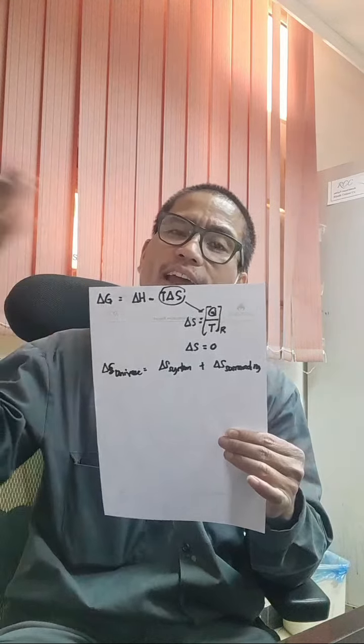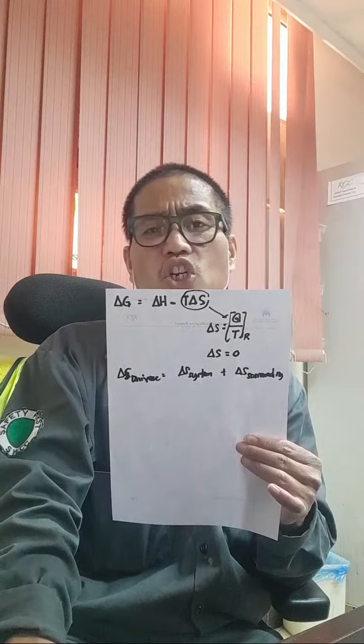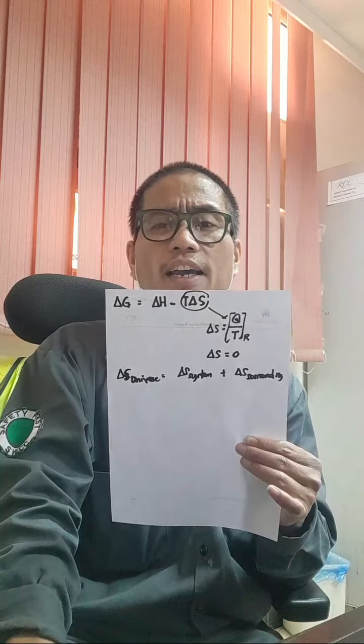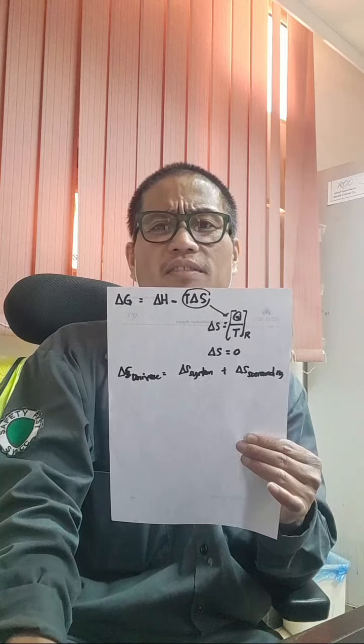And specifically, the heat engine is an example of the second law of thermodynamics, which was discovered and postulated by Sadi Carnot, C-A-R-N-O-T. So we have the Carnot cycle, a cyclic process. If I illustrate that, the heat engine is the second law of thermodynamics.